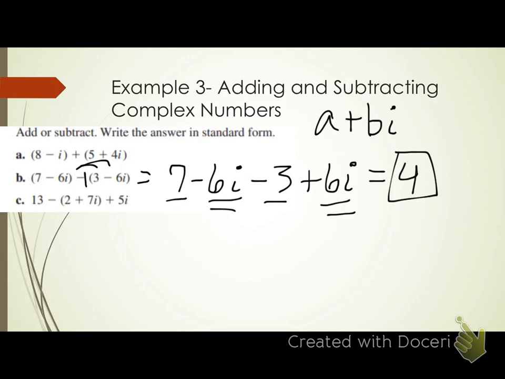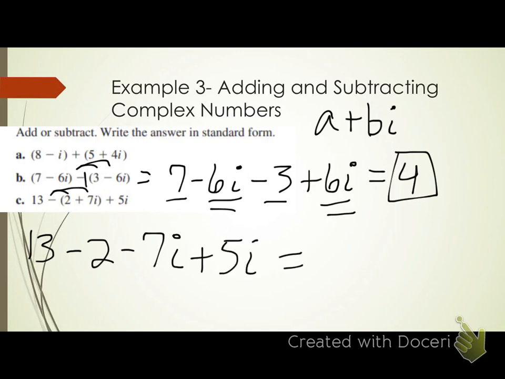A negative. Negative 1, right? So I just have to distribute that negative to the set of parentheses. This 13 just stays. What's negative 1 times 2? Negative 2. Negative 1 times 7i. Negative 7i. And then I have my plus 5i.